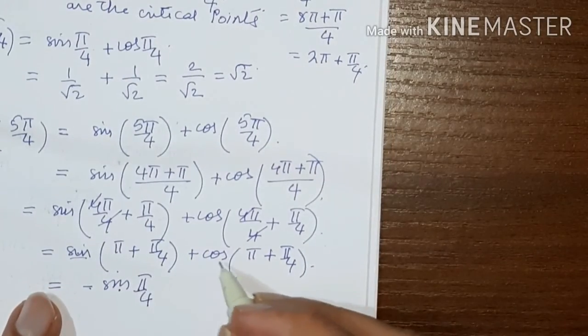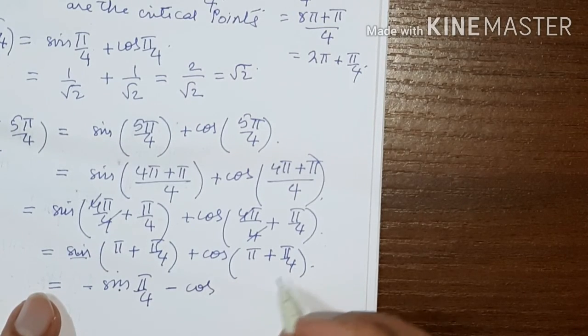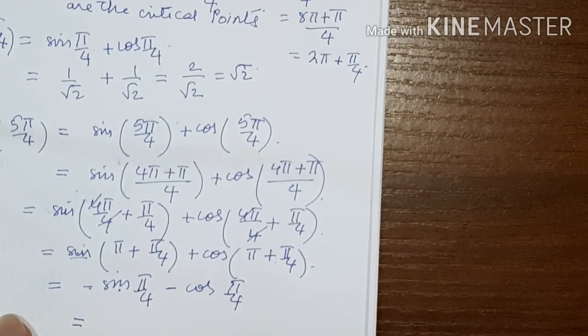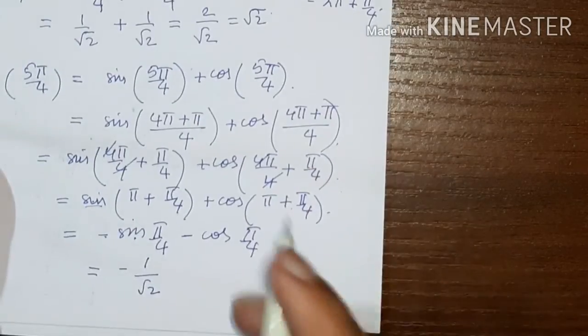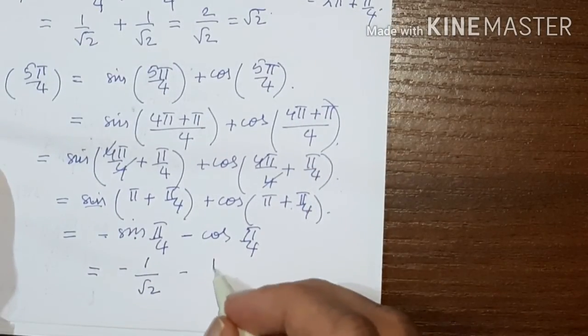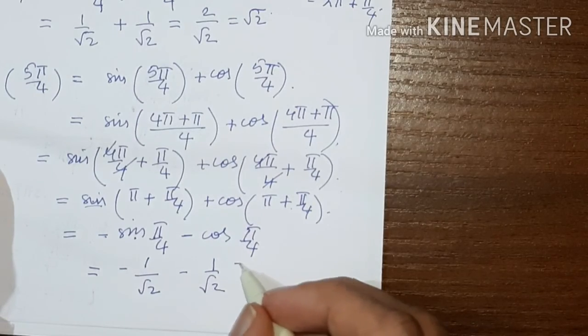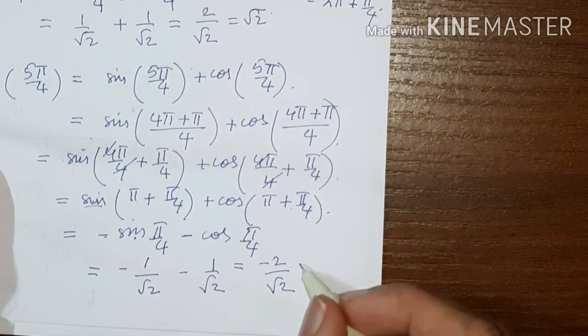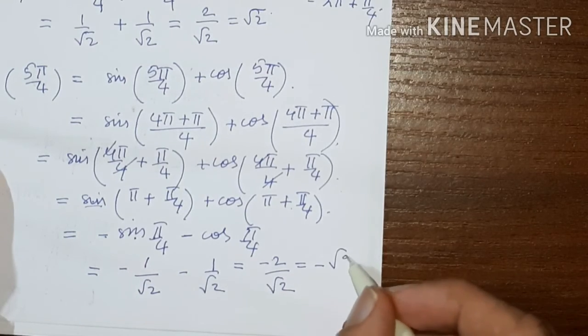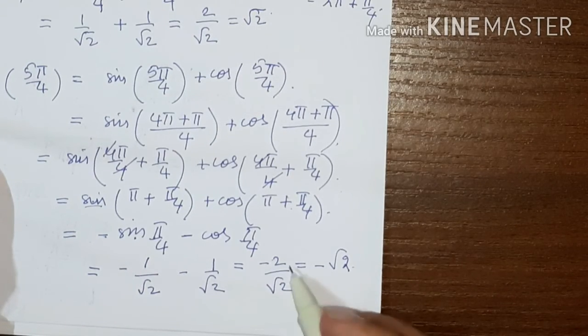Same thing for cos: negative in the third quadrant, ratio remains the same, so minus cos pi by 4. Which is minus of sine pi by 4, 1 by root 2, minus cos pi by 4, 1 by root 2, which is nothing but minus 2 by root 2, and which is minus root 2 if you rationalize that.